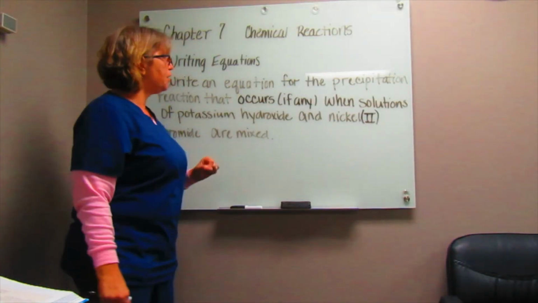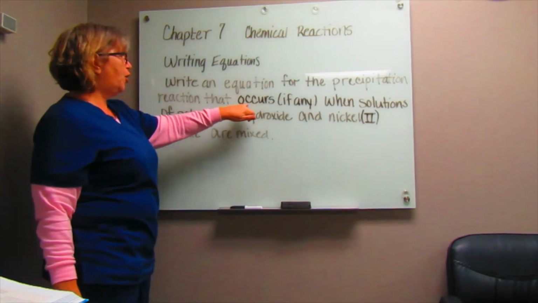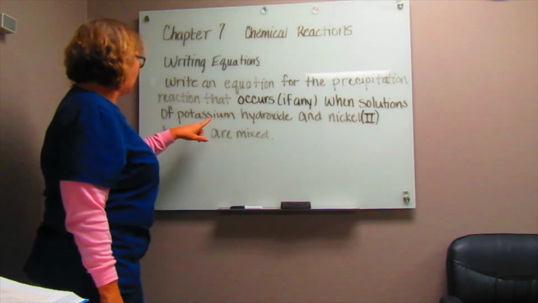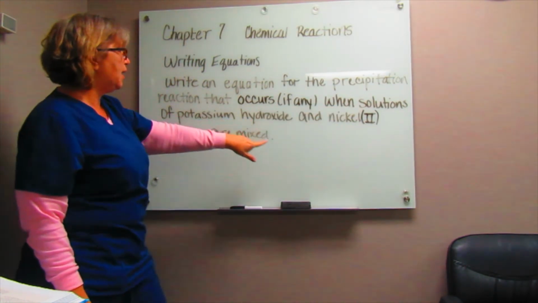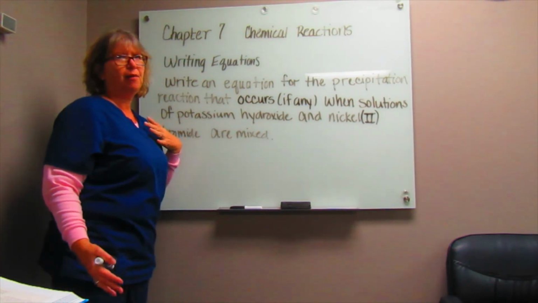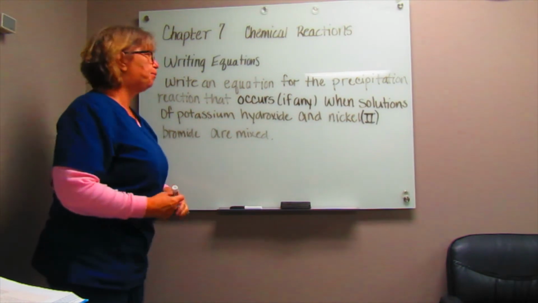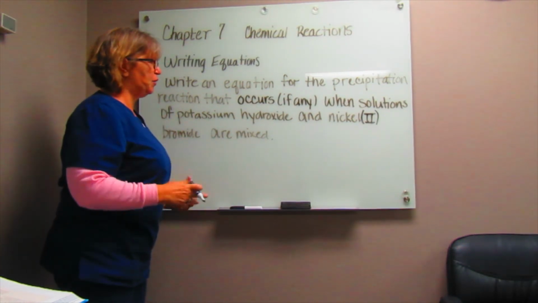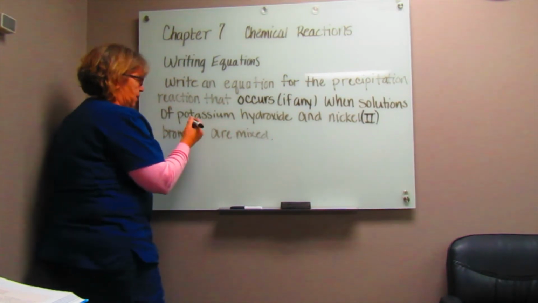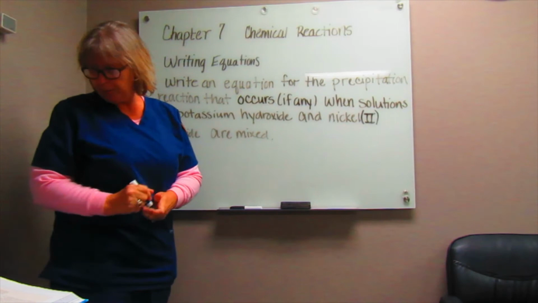Okay guys, so we're going to write an equation for a precipitation reaction that occurs, if there's any reaction at all, when solutions of potassium hydroxide and nickel 2 bromide are combined. Okay, so when these two reactants come together, what do they produce? The first thing that we need to do is identify our substances.